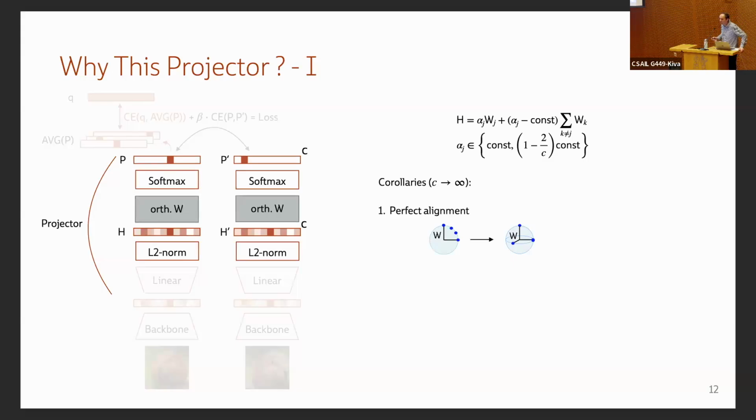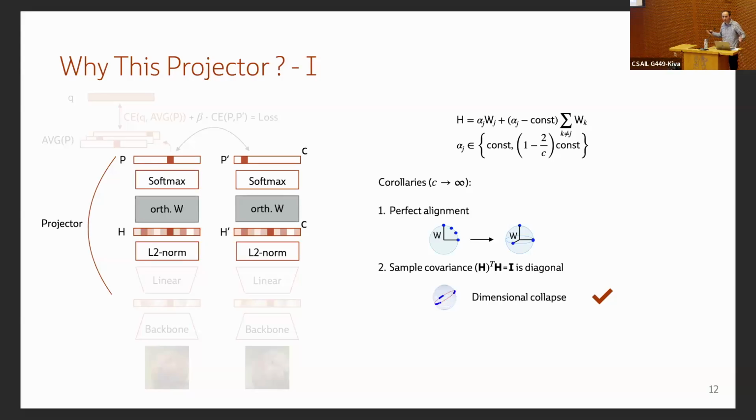Now, what we can do based on this property is that we can prove additional things. One additional thing that you can do is quantify the sample covariance. The way to do that is to pick the embeddings for all the inputs, get a matrix, and then compute a matrix multiplication between H transpose and H. And you can show that, thanks to this perfect alignment, the matrix becomes diagonal.